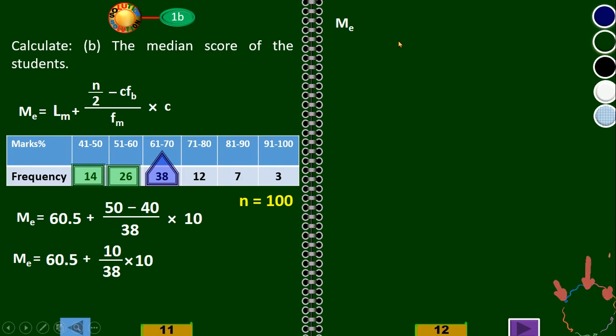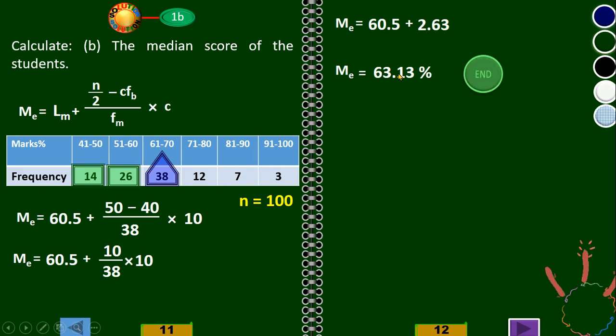And then we are going to simplify again. 60.5, 10 times 10 is 100, and 100 divided by 38 is 2.63. Therefore, the median will give us 63.13%. That brings us to the end of this presentation.